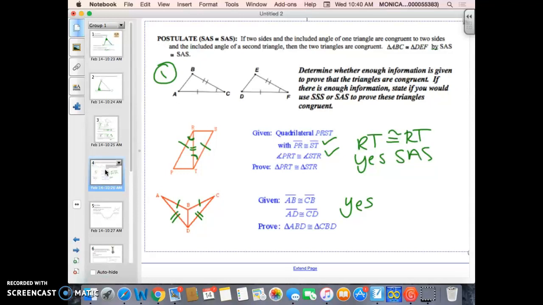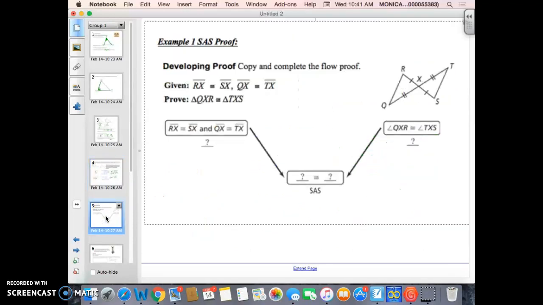Because we can also say, because of the reflexive property, that BD equals BD. But this time it's not going to be side angle side, it's going to be the side, side, side postulate that we learned last week. So you need to be able to prove using side, side, side, or side angle side that the two triangles are congruent. And again, the picture always isn't going to be pretty like this, where it shows exactly what it looks like.